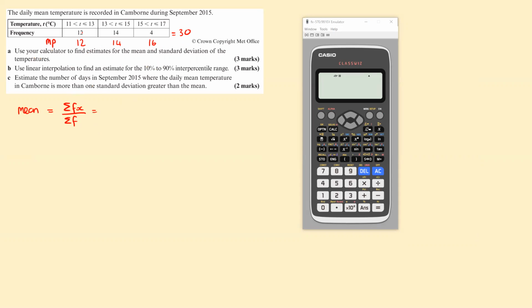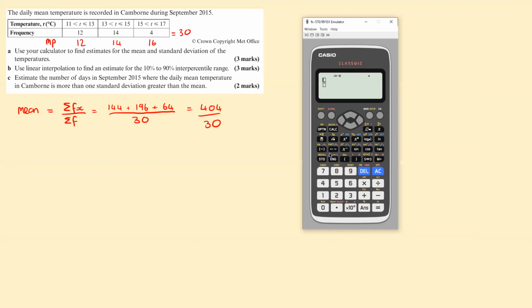So 12 times 12 is 144. 14 times 14 is 196. And 4 times 16, which is 64. And we want to divide that by 30. So I add these together and then divide. This plus this is 340, plus this one is 404 over 30.